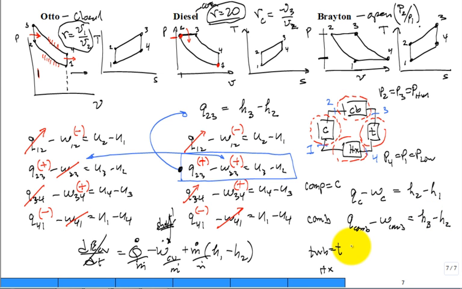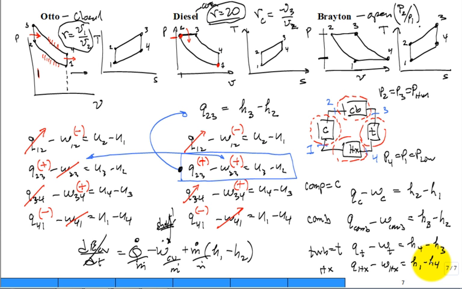And then for the turbine, Q turbine minus W turbine equal to h4 minus h3. And then for the heat exchanger, Q heat exchanger minus W heat exchanger equal to h1 minus h4. Did I make any errors? Does it look okay? All right.